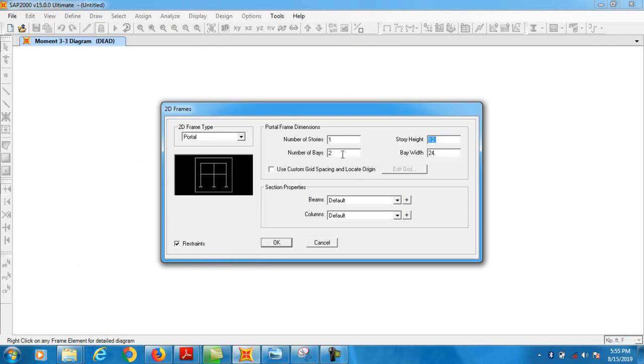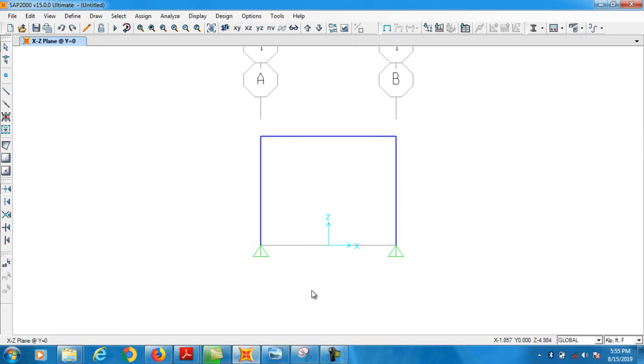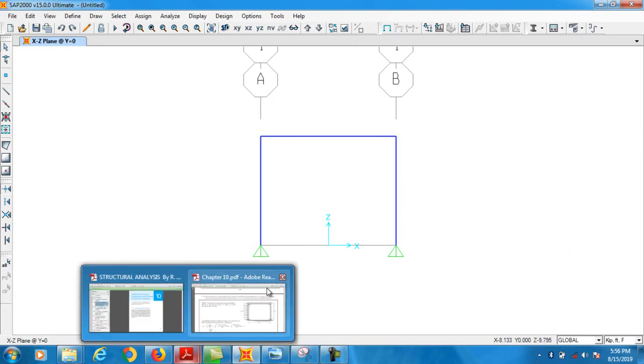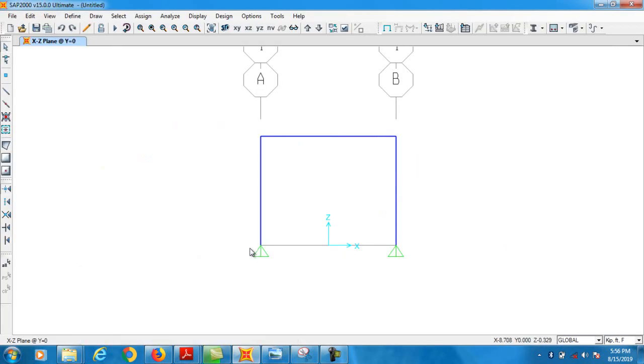Okay, story height is fine. We have only one bay, and the bay width is basically 15 feet. Clear? Delete this one, and you have A and B as pin supports. So we have pin supports.